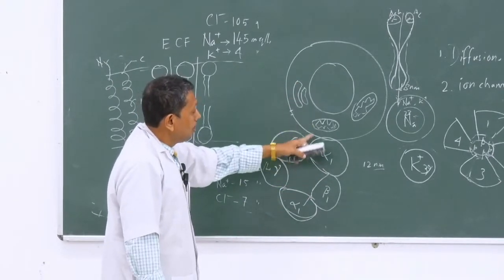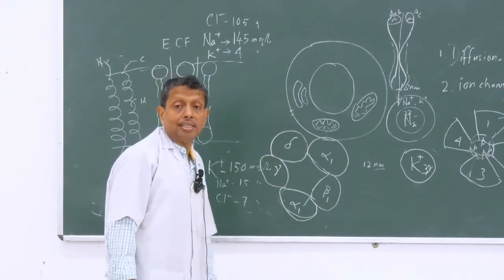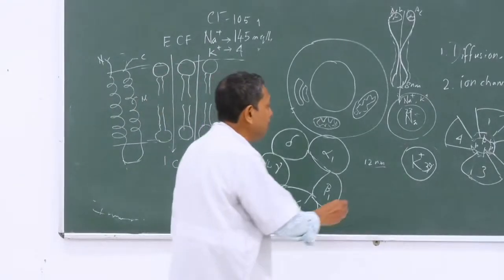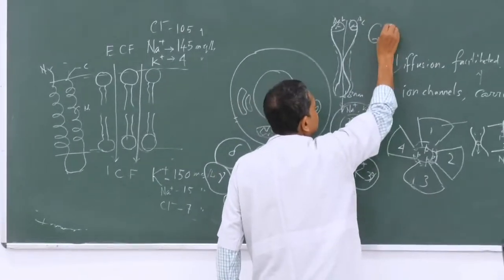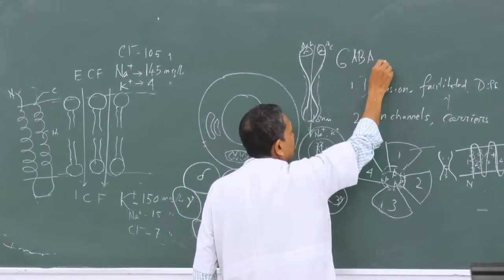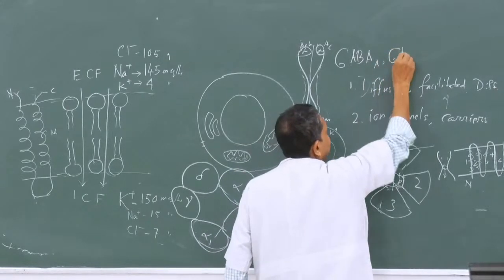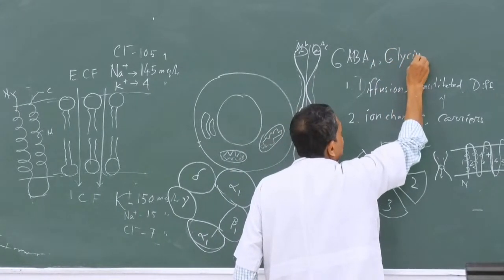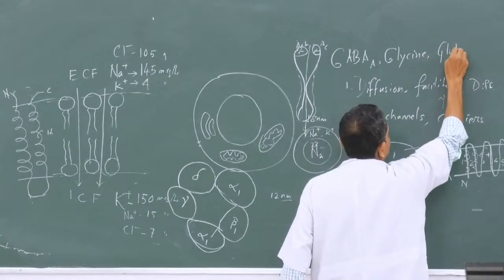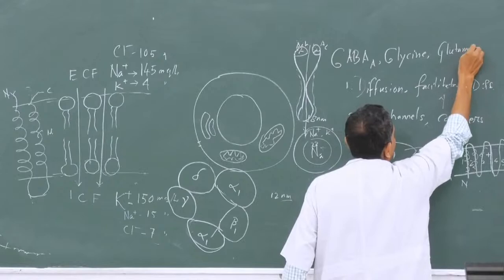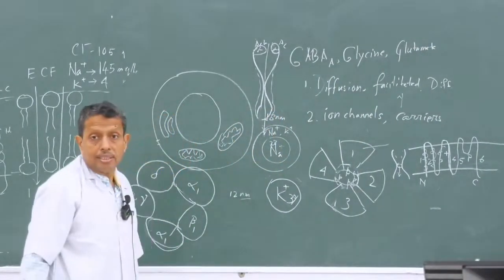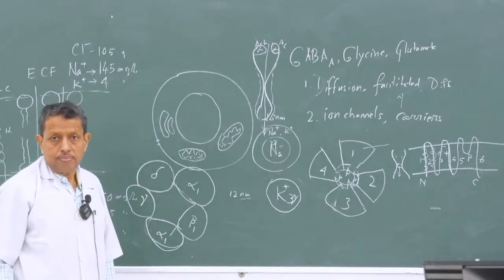Now, these are examples of ligand-gated channels: GABA-A, gamma-aminobutyric acid A receptors, glycine, and some glutamate receptors.